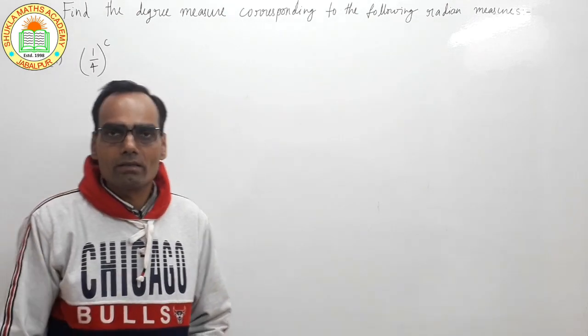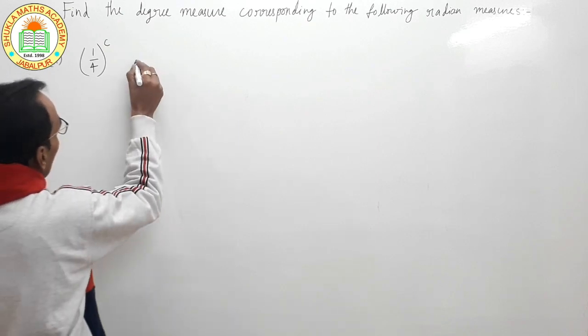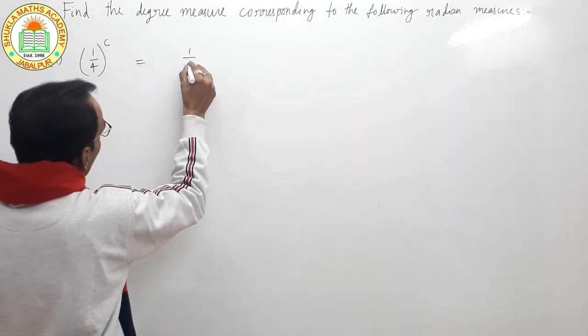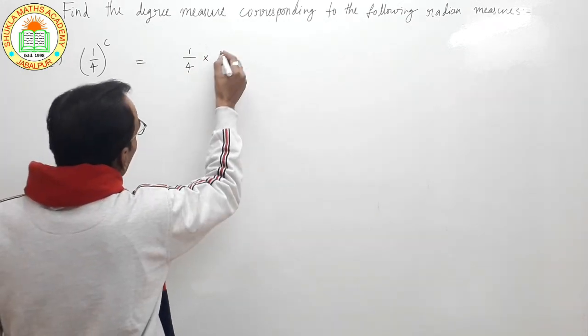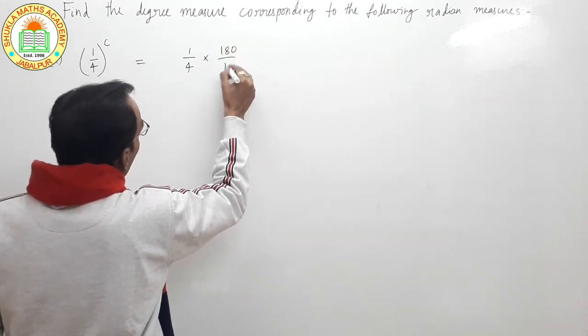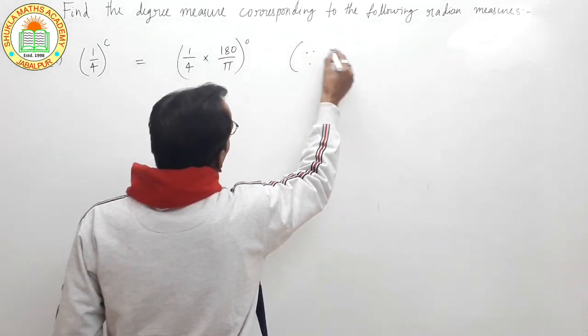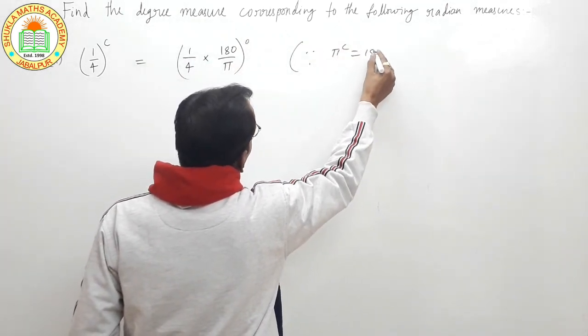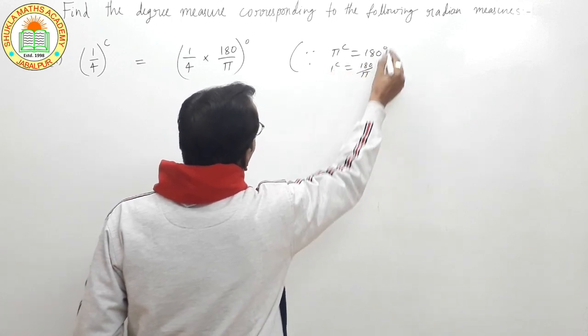So now I am taking the next question, the third one, 1 by 4 in radian. First we will convert this value from radian to degree by multiplying by 180 by pi, because pi radian equals 180 degree. So 1 radian equals 180 by pi.